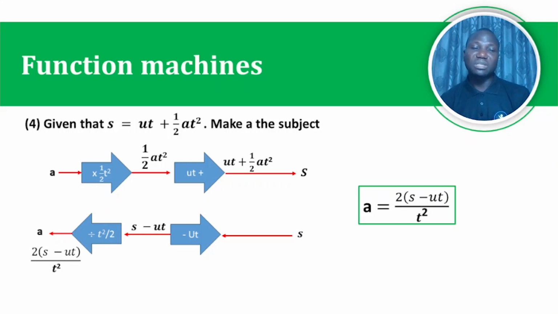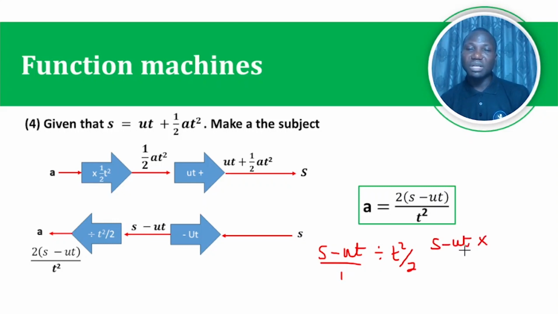Now if we do that, that's s minus ut divided by t squared over 2. Now you know in fractions, the division here will become times, and as such 2 will go up, the denominator becomes numerator, and the numerator becomes denominator, that's t squared.